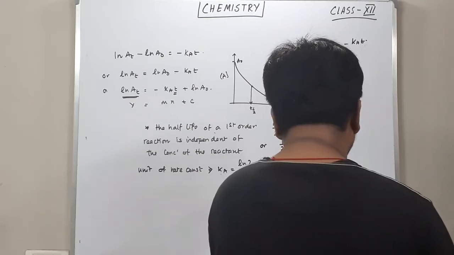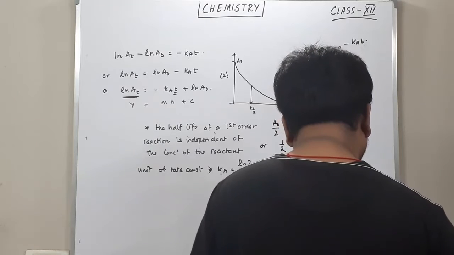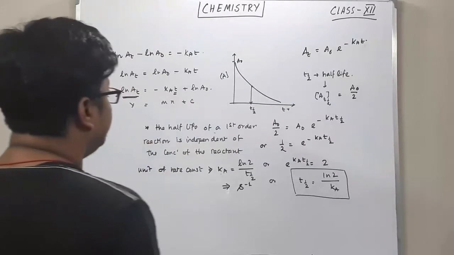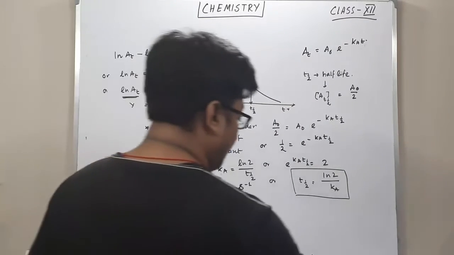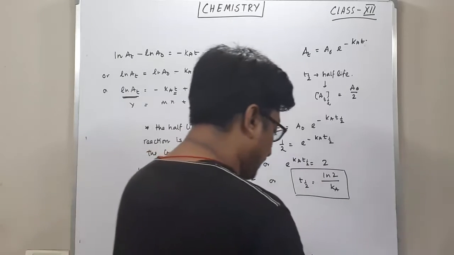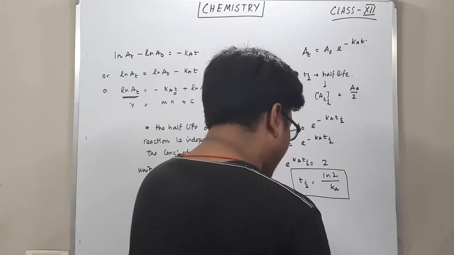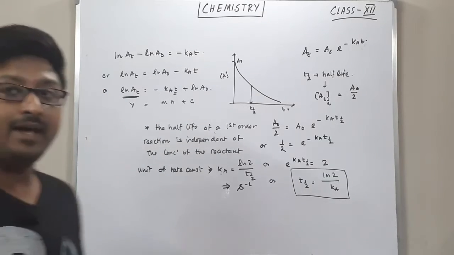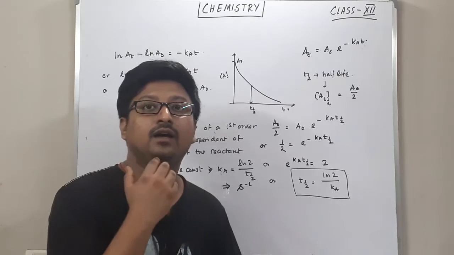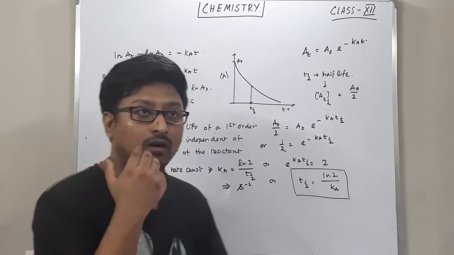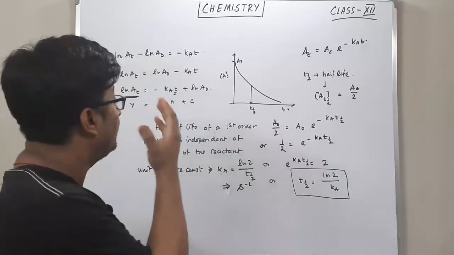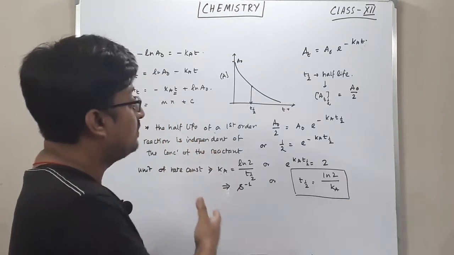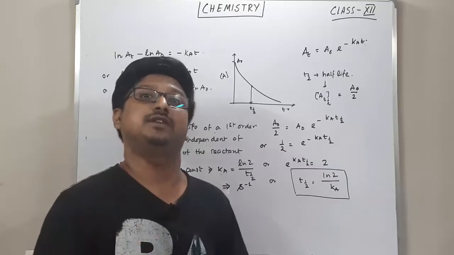Okay. Now let me give you some data. Let's do one calculation, and with this calculation I will tell you how to determine the rate constant of a first order reaction.